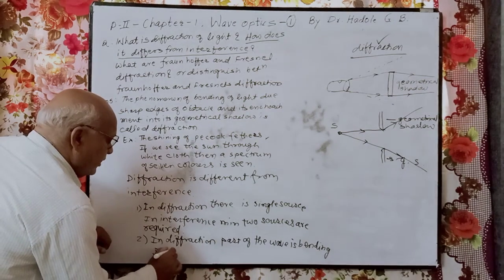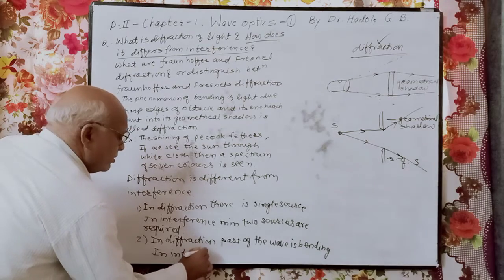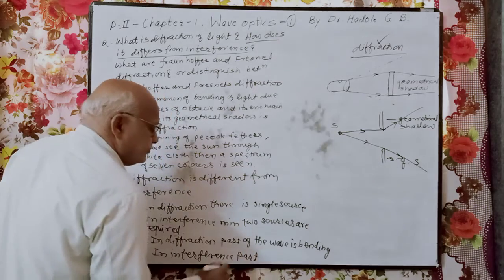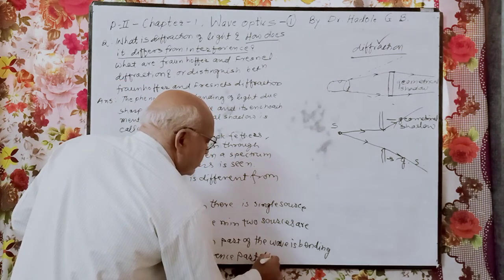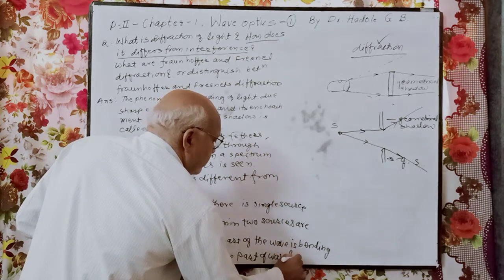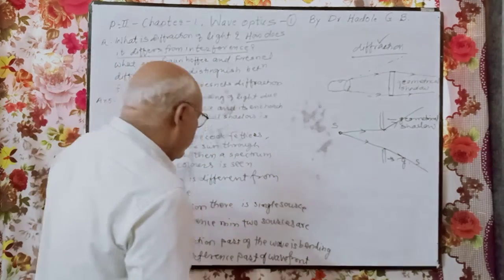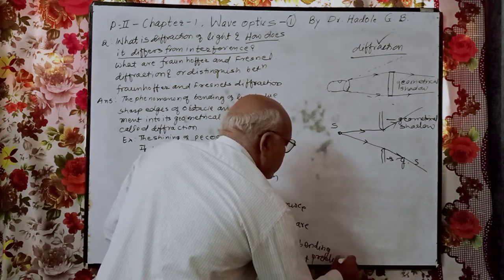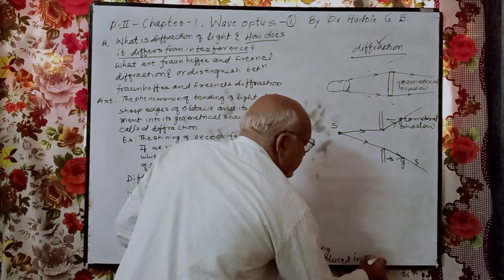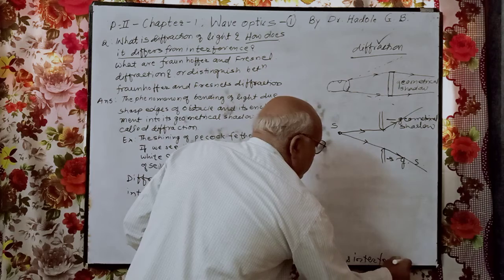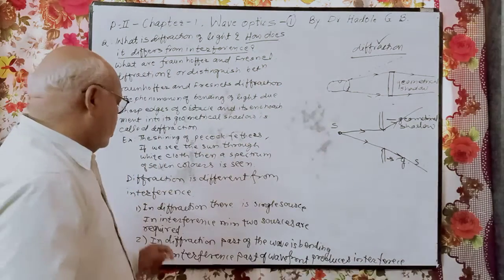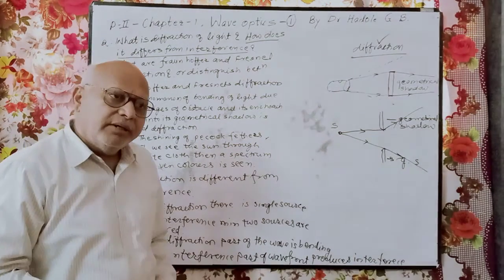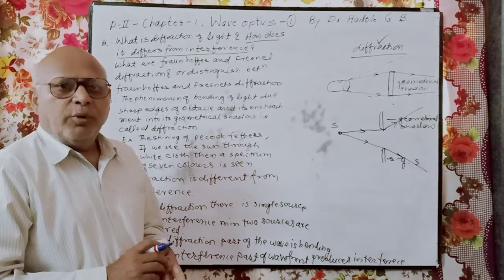In interference, part of the wavefront produces interference. Just to know how they are different, these two points I have given. Actually, there are many points.